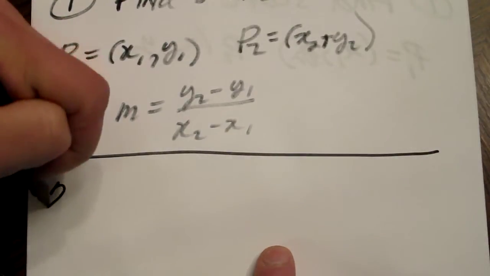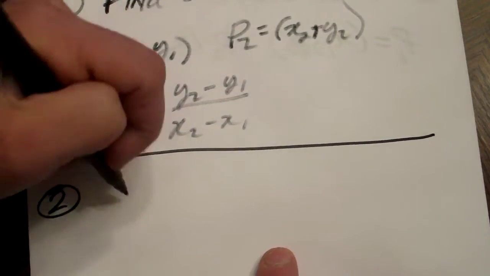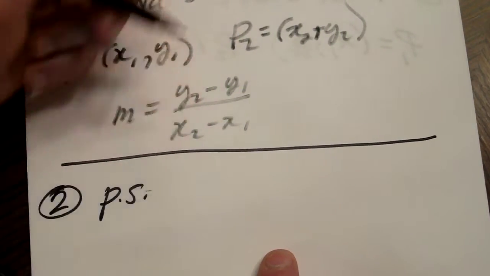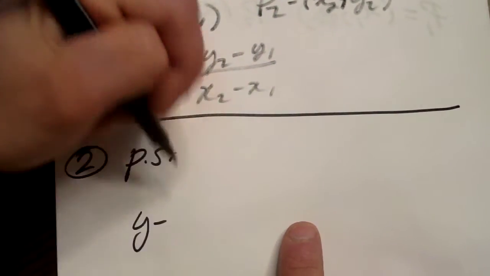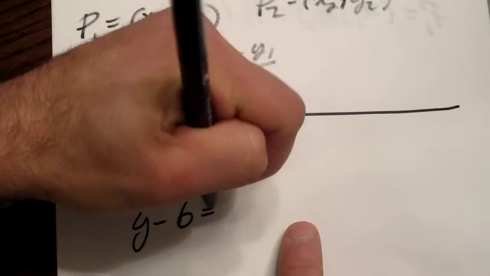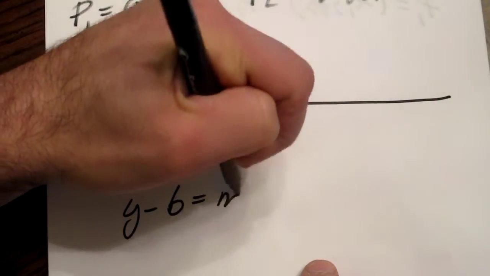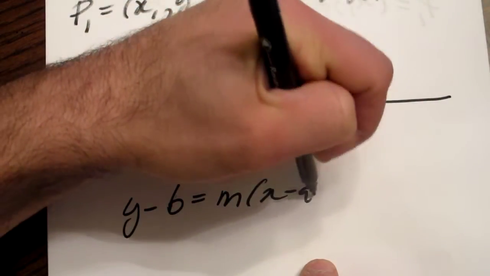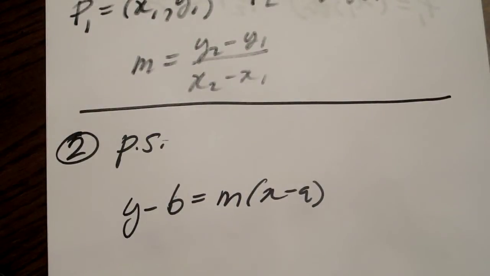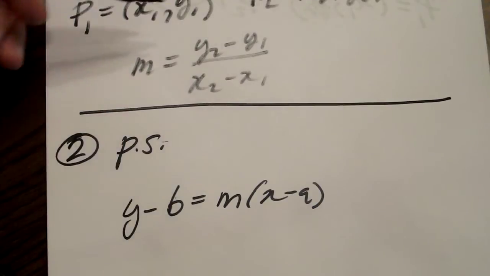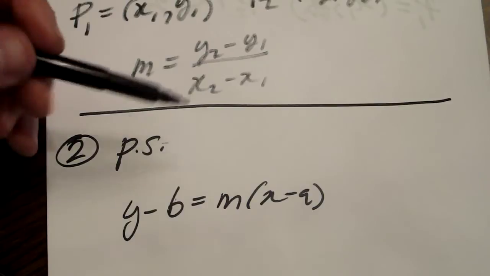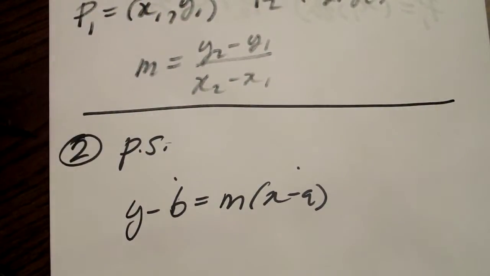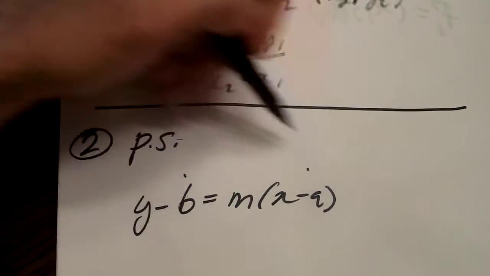The next step is to use the point slope formula and put it in the form y minus b is equal to m times x minus a. So what this is saying is that if a line has a slope m, which we're going to solve for up here, then it contains the point a, b, and has this form here.